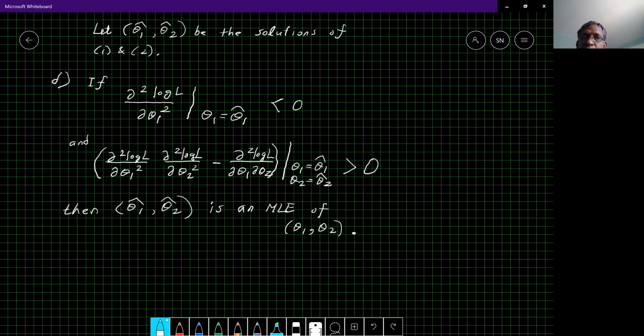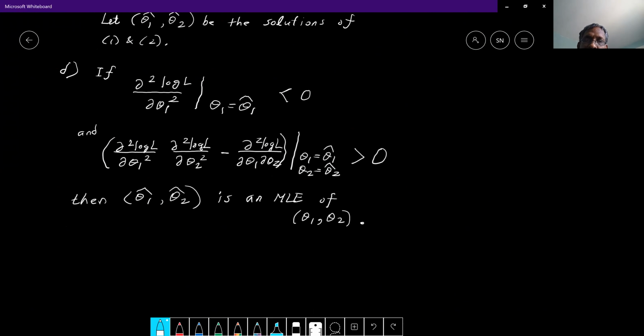And the fourth step is to check if these two conditions are satisfied. If they are, then the solutions that you got in step number 3 are the MLE of theta 1 and theta 2.